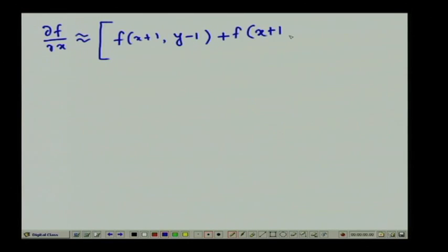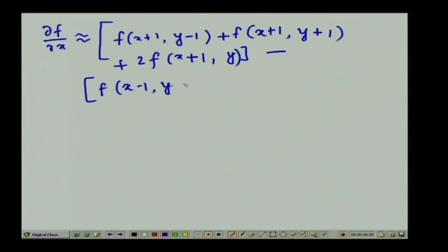If I want to obtain del f/del x, it can simply be computed as f(x+1,y-1) plus f(x+1,y+1) plus 2 f(x+1,y), minus f(x-1,y-1) plus f(x-1,y+1) plus 2 f(x-1,y).